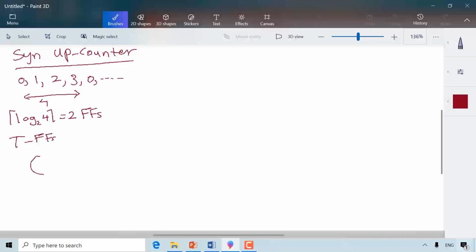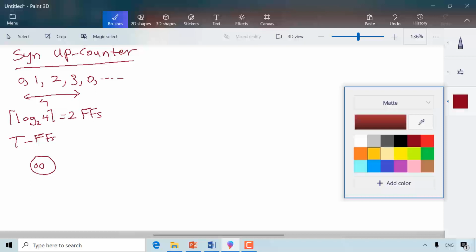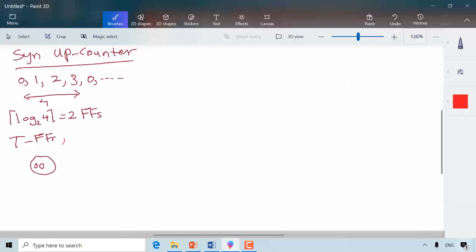So the state diagram, we are in 0, 0. What are these 0, 0? These are the 2 flip-flops. Let's assume that they are 2 T flip-flops, and their names are Q1 and Q0. So the 0, 0 is Q1 and Q0.